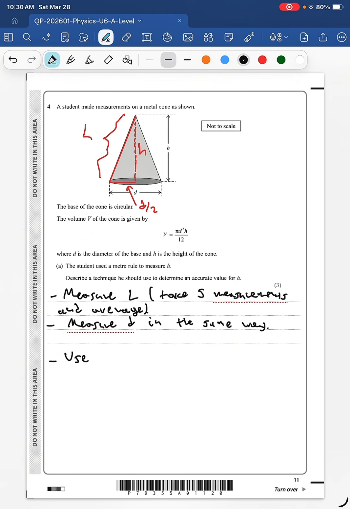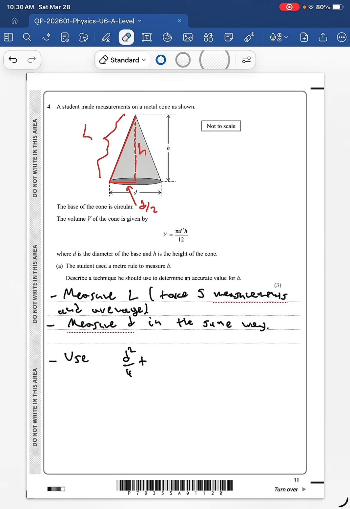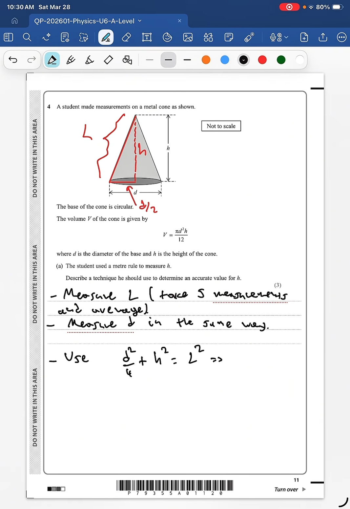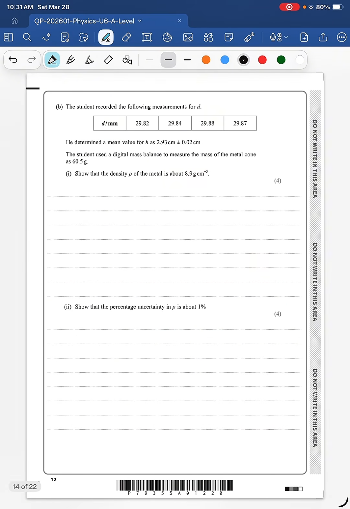So d squared over 4 plus h squared is equal to L squared. So h is simply the square root of L squared minus d squared over 4. That's the answer. That's how you can calculate h. All right. B.